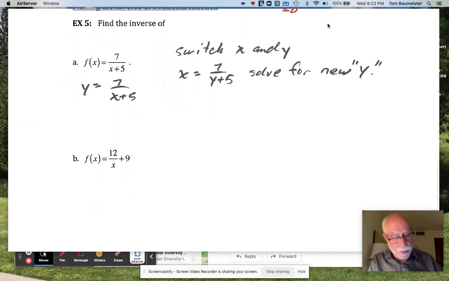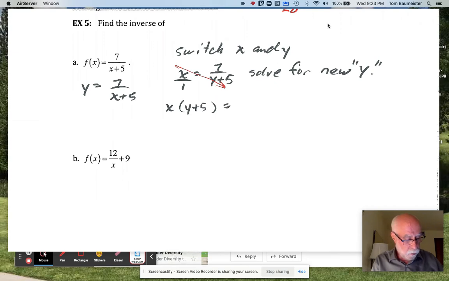So if I do that, now look, if I write this as x over 1, then I can use my cross products. So I can say that x times y plus 5 is equal to 1 times 7, or 7.